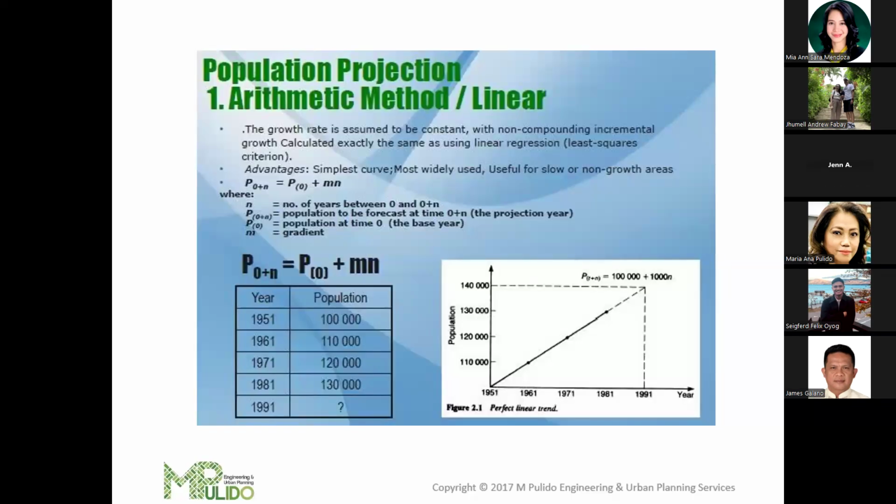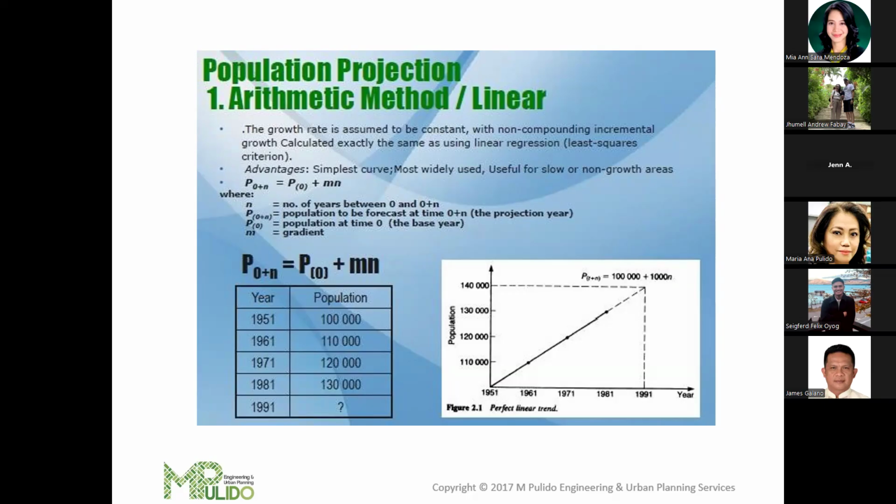So population projection is... I will just repeat it because I just heard the signal. This method is the simplest and most widely used in estimating future population, especially in areas with slow or steady growth.